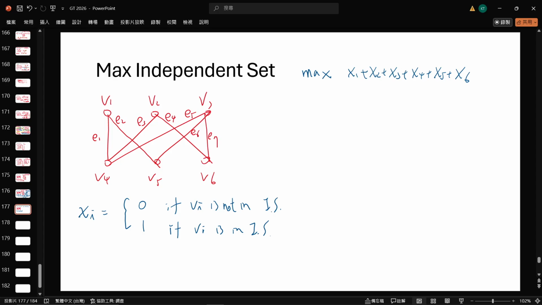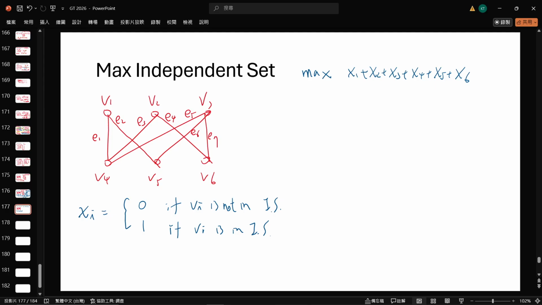So to formulate this as a linear inequality, we can consider each edge, okay? So for example, E1, okay? When we consider E1, we know that we cannot choose both V1 and V4. In other words, among V1 and V4, we can choose at most one of them, okay?